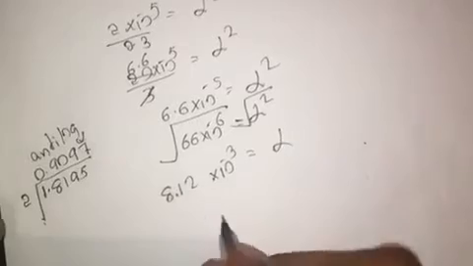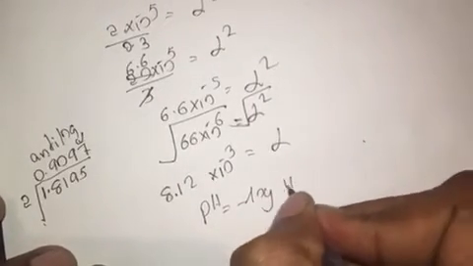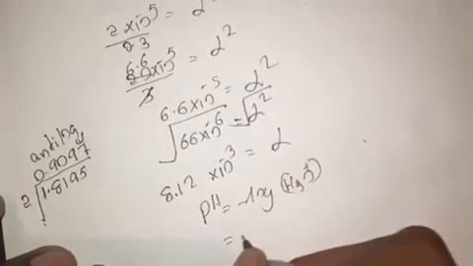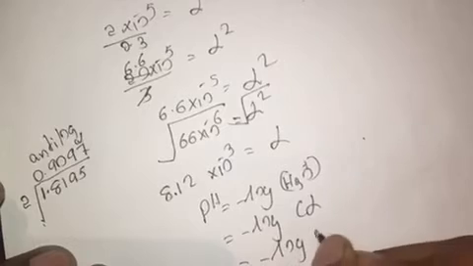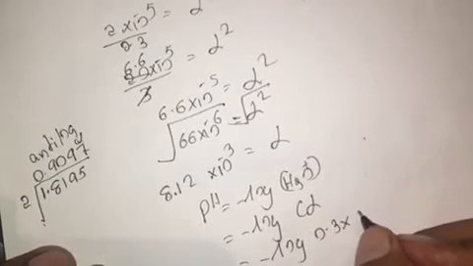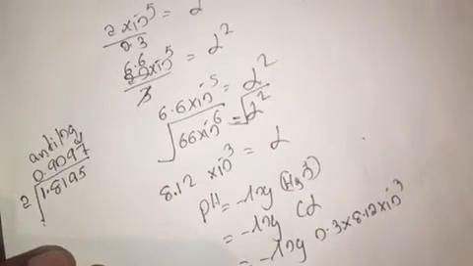If you want the pH for this question, pH equal minus log [H3O+]. We know [H3O+] equal C alpha. C equals 0.3 into 8.12 into 10 to the power minus 3.